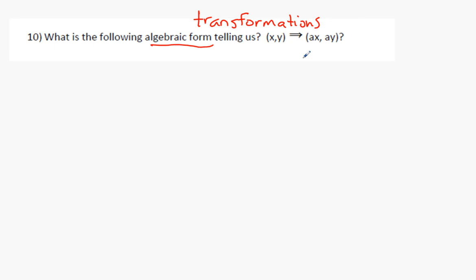But we're not adding here. So which transformation had to do with multiplying? That's right. Assuming you said it out loud just now, it is a dilation. Anytime you see x and it's being multiplied by something and y is being multiplied by that same something, you're always doing a dilation.